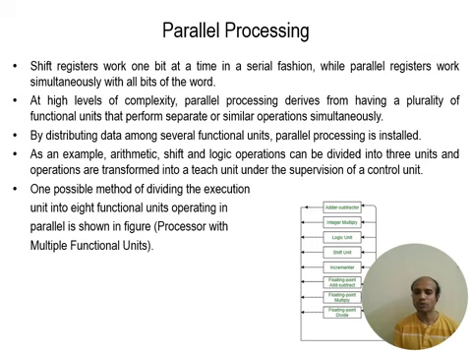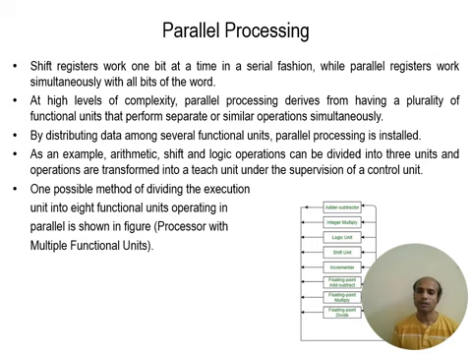One possible method of dividing the execution unit into eight functional units operating in parallel is shown in the figure you can see. So this is the processor with multiple functional units.